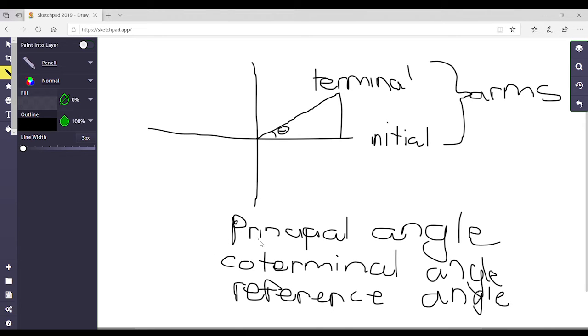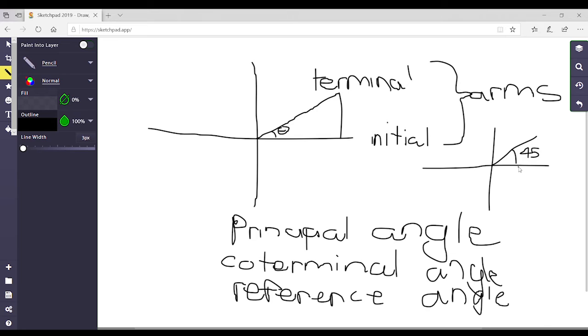So the first one I want to talk about, just for simplicity, is coterminal angle. What coterminal angles are, it's not like one angle that you call it. Let's say you have a Cartesian plane, let's say you have this angle, let's say 45. Now the thing you need to know about this line is there's more than one angle that can get you this line.